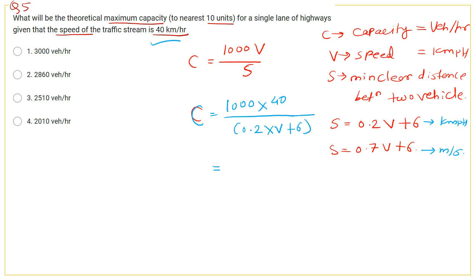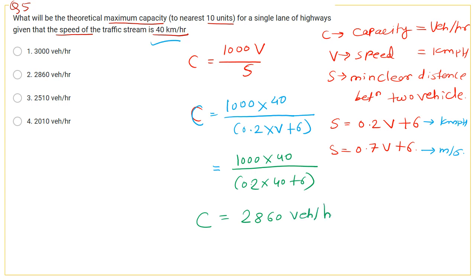Putting in the values, 1000 times 40 divided by 0.2 times 40 plus 6. After calculation, you get the capacity value as 2860 vehicles per hour. So this is the answer for this question, and option number 2 is correct.